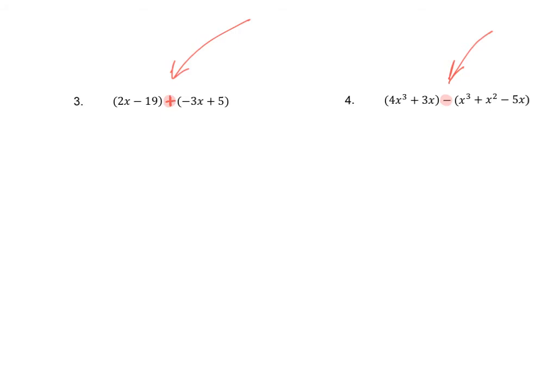Because basically I just changed the sign of my negative to a positive. So I switched the sign on that to the opposite. And when I do that, that means I have to change everything in the following parenthesis to the opposite sign. So this negative 3x becomes a positive 3x, and this positive 5 becomes a negative 5. So if I do it in number 4, we'll just do that while we're here doing this same step.